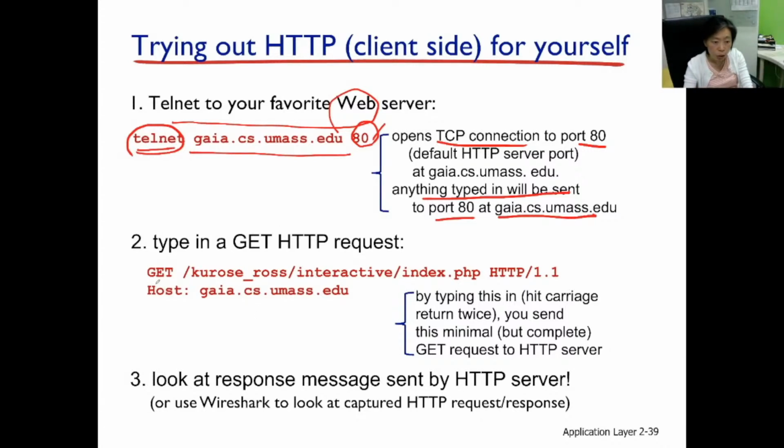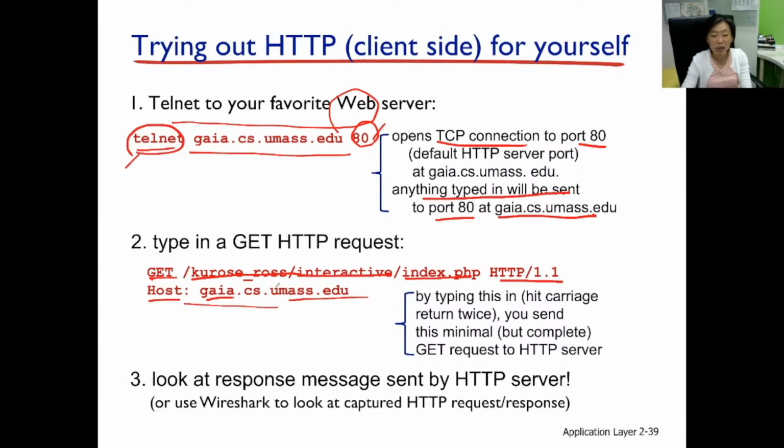Okay, let's try typing this. GET, with the path name and file name as the argument for the GET command, and then the version of the web browser. We'll be pretending that telnet here is an HTTP 1.1 client, and Host: gaia.cs.umass.edu. Right, so that's a header line.